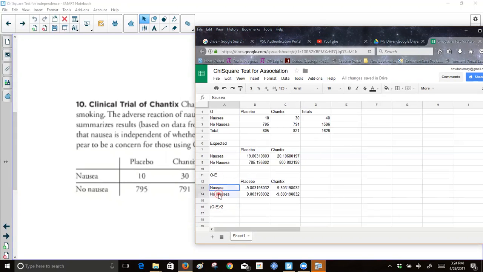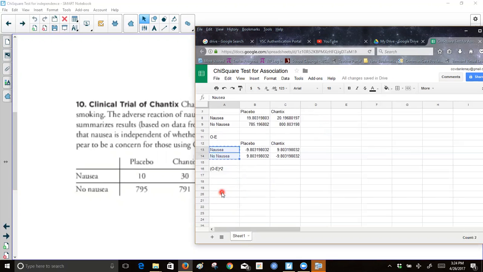So I do some highlighting here to get some copying done. So I want to take each of those differences and square it. So the easy way to do that is when I click on it, equals caret 2. And of course, because I know I'm always just squaring those cells, I'm just going to do it like that.